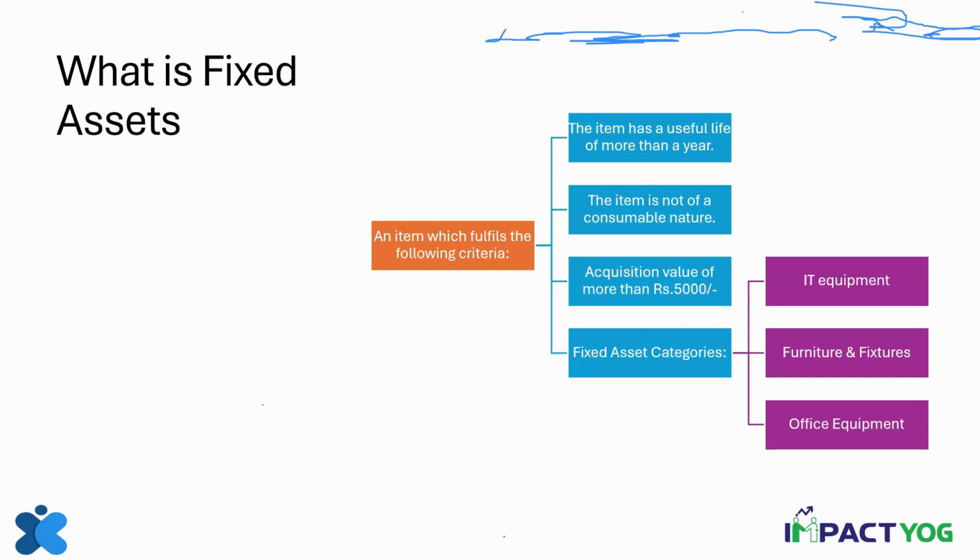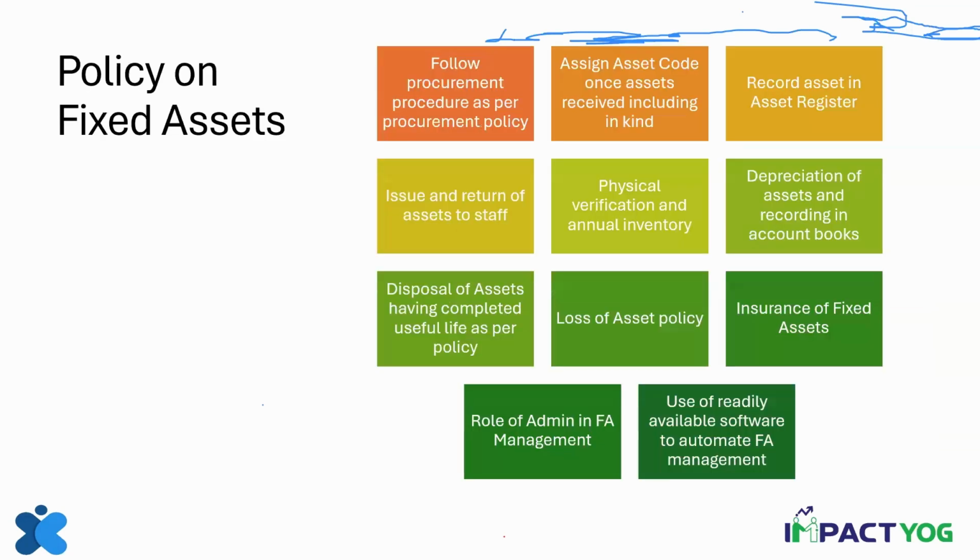All those things we buy are fixed assets because we are not consuming them once we purchase. Now, what are the points that we need to keep in mind when we are dealing with fixed assets? First of all, very simple, you have to follow the procurement procedure for that particular fixed asset.